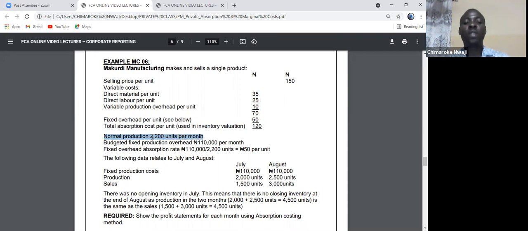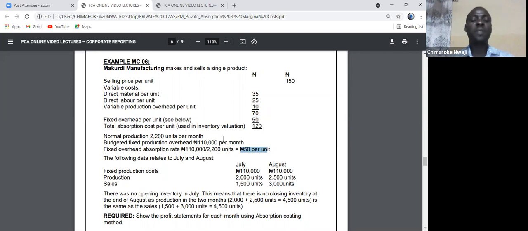This is what they normally produce in a month, 2,200 units. And they budgeted the fixed production overhead at 110,000. So if they want to make it per unit, they simply divide the 110,000 by the 2,200 units, which gives them the 50 naira per unit. So that's the 50 naira that is thrown here as the fixed overhead per unit.